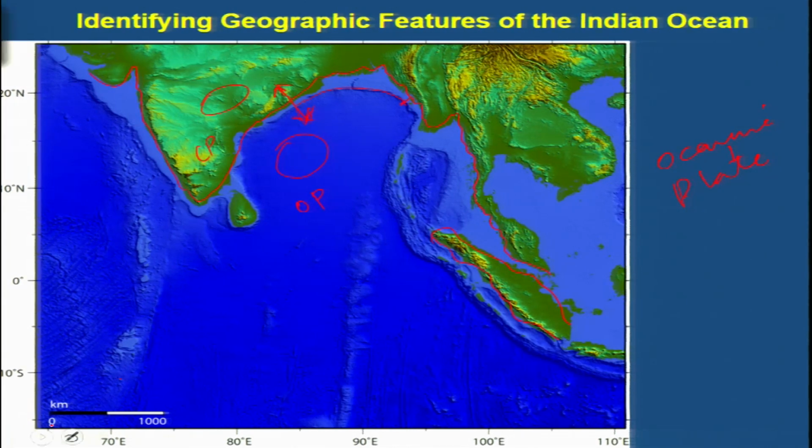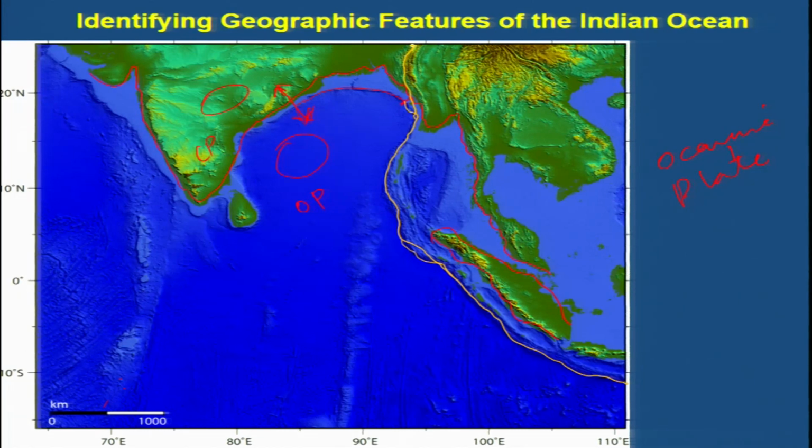let's take another color. If you see this feature, this you can say is a gap between these two plates, because this is forming a deeper trench between these two plates. And how is this going? This is going like this.